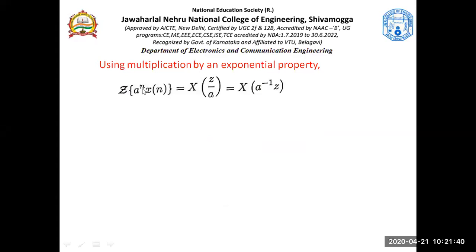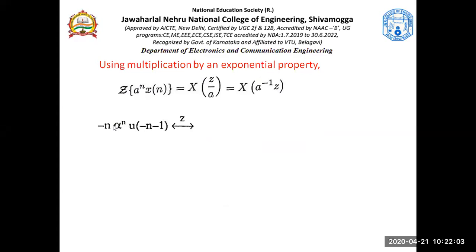So what happens if you multiply a signal by an exponential? In the z transform of the signal, z is replaced by z by a, or along with z you have another term, a inverse. If I introduce alpha power n, in place of a we have alpha.